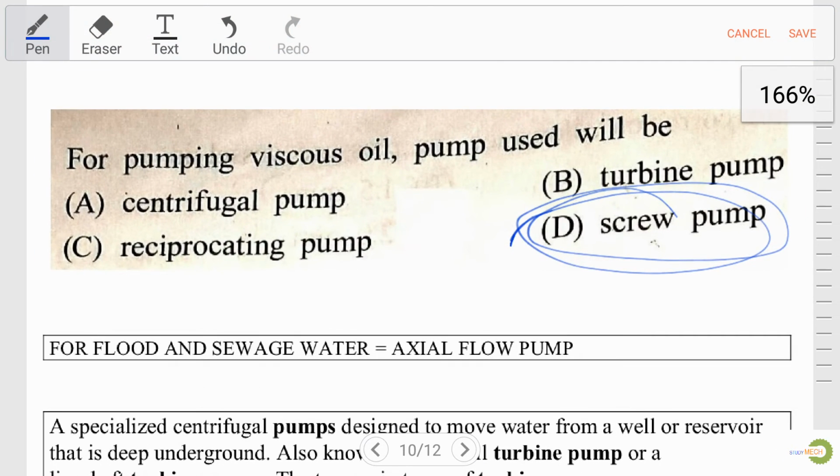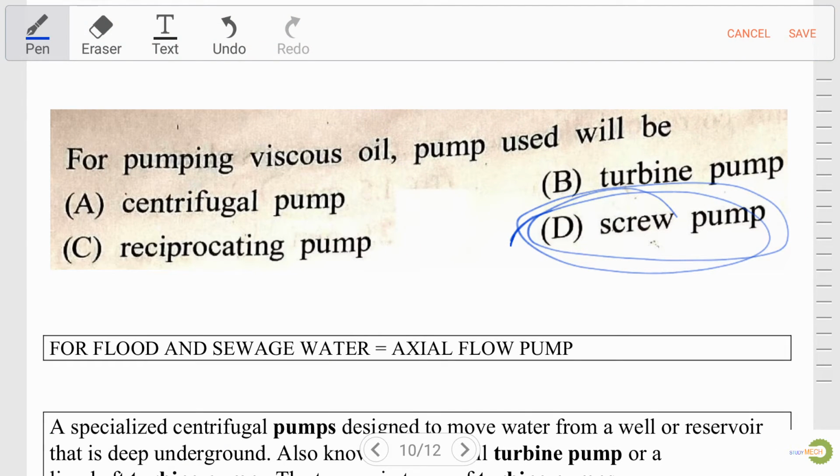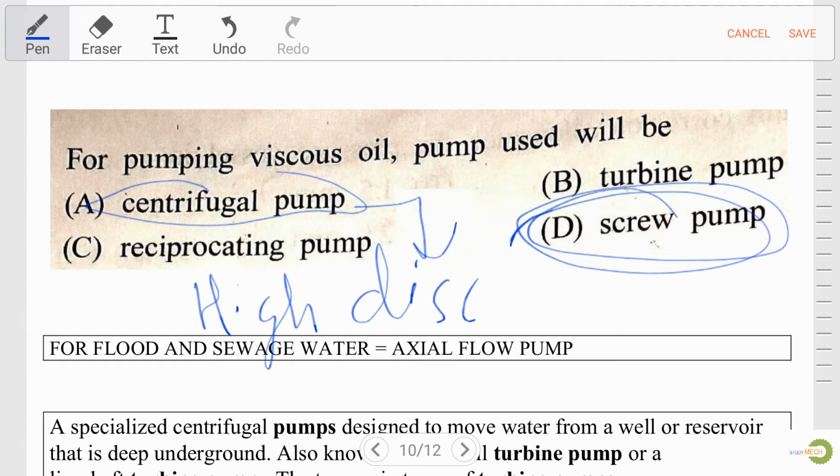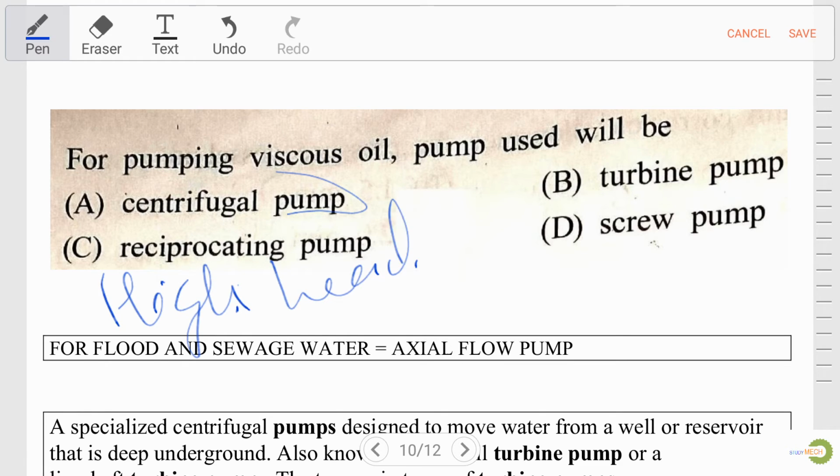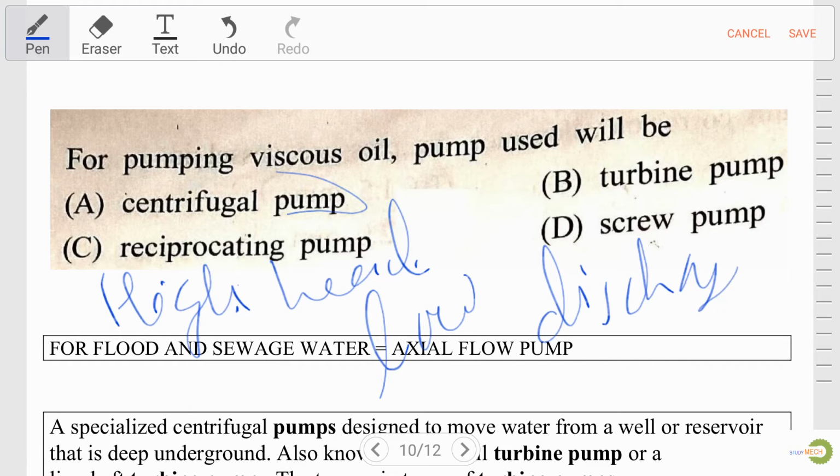Now as we know, a centrifugal pump is used for high discharge and low head, while a reciprocating pump is used for high head and low discharge.